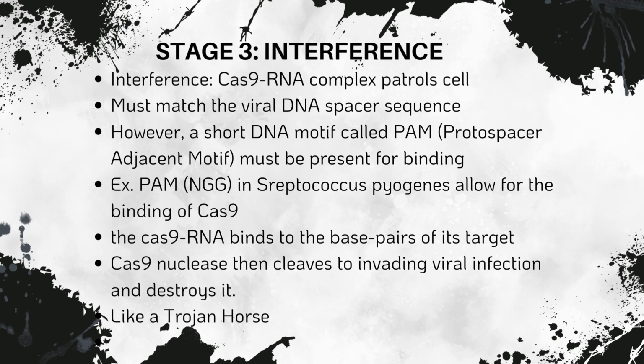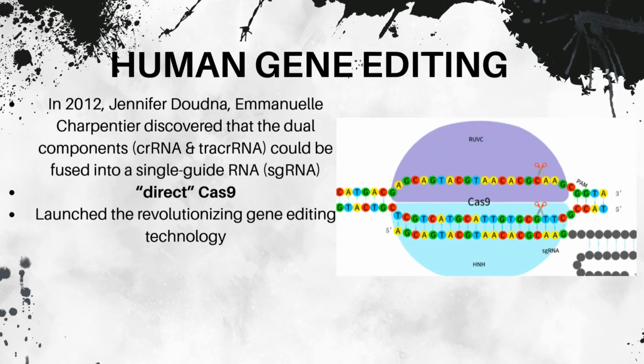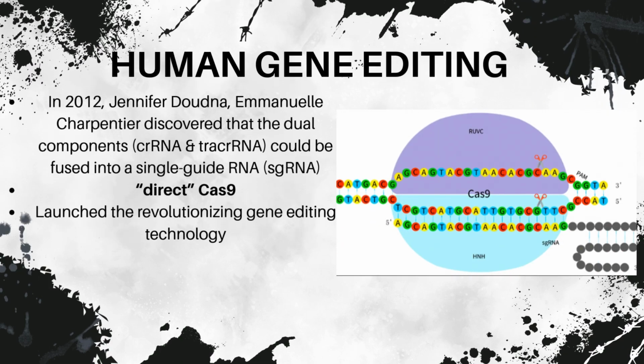So now we know how Cas9 works. Let's talk about how it's utilized in human gene editing. Like I said earlier, the whole process of CRISPR was found in 1980, yet it was revolutionized in 2012 by Jennifer Doudna, Emmanuelle Charpentier, and some of their colleagues. They discovered that the dual components of crRNA and tracrRNA could be fused into a single guide RNA, sgRNA, and directly linked to Cas9.